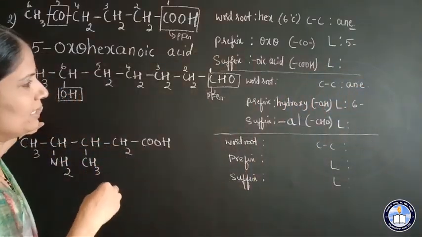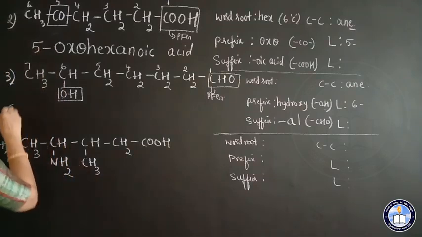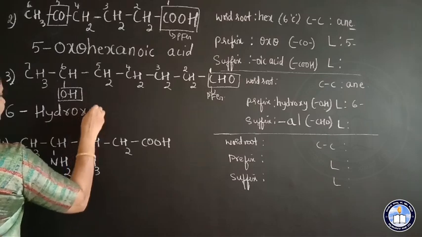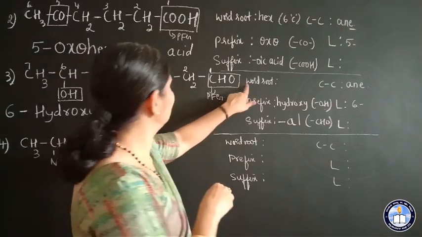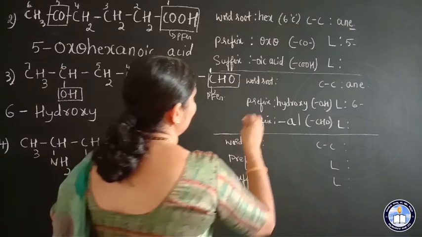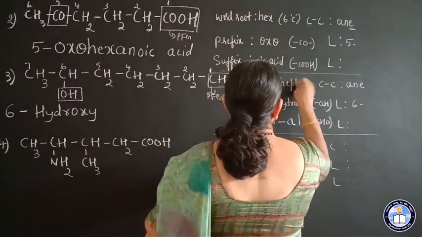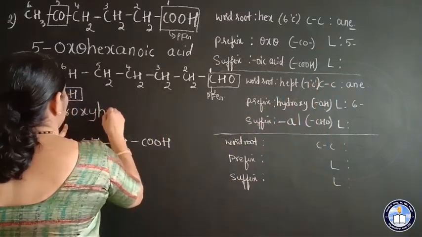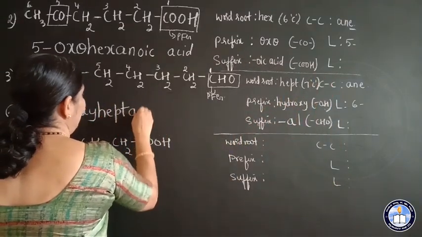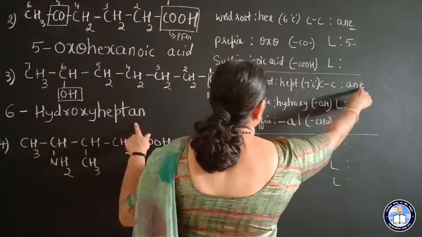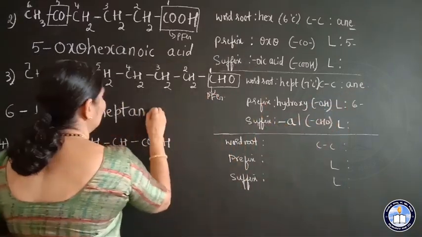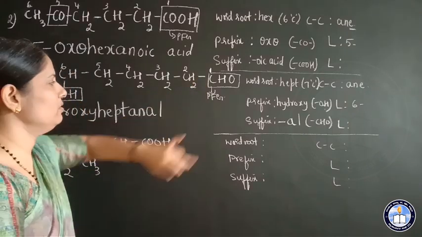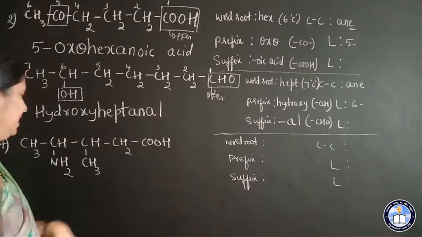So the prefix is 6-hydroxy. The word root, with 7 carbon atoms, is hept. AN, and the ending E of ANE is replaced by AL. Since CHO is terminal, we are not going to write the locant before AL.